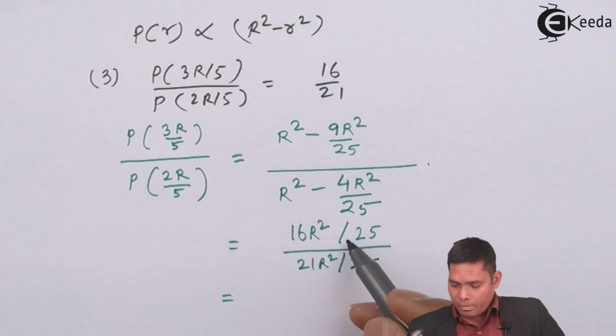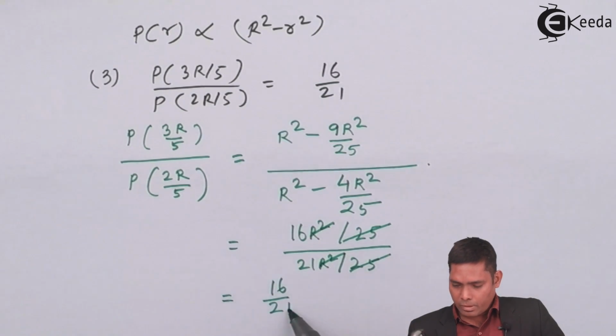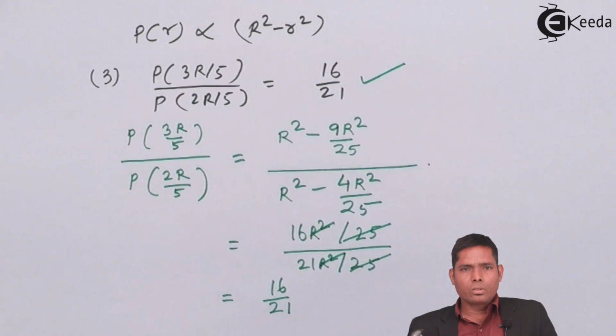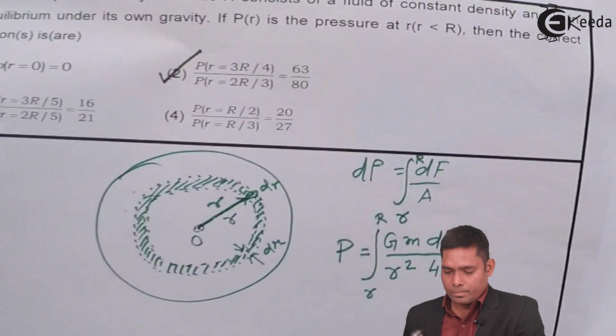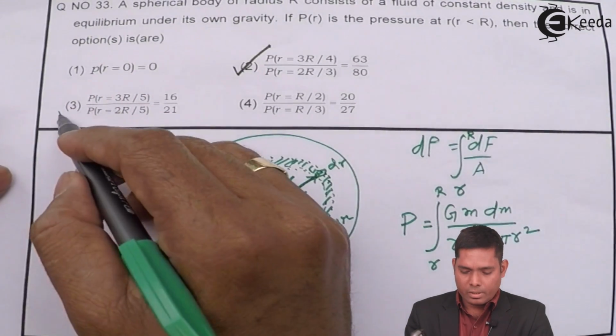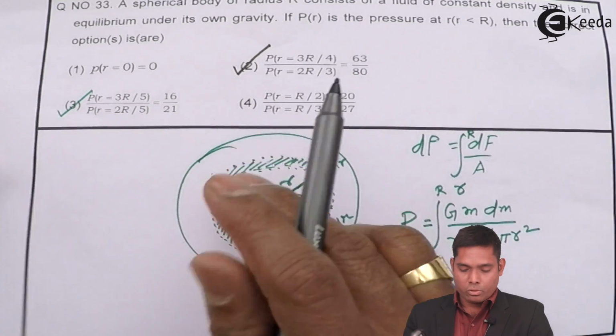This means 25 will cancel out, R square will cancel out, so it becomes 16 upon 21, which is correct. So the option that is 16 upon 21 is also correct. So therefore this one is correct. Fourth option you have to check.